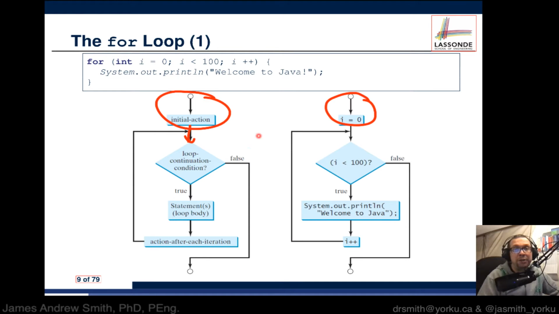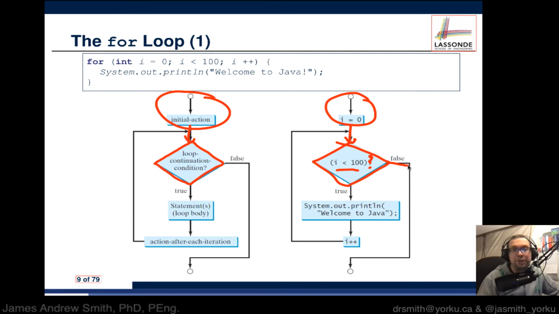Then from the initial action, we traverse down into a question, shown in flowchart form as a diamond. This is the loop continuation condition. So in this case, we're asking, is the counter I less than 100? That question needs to be asked.